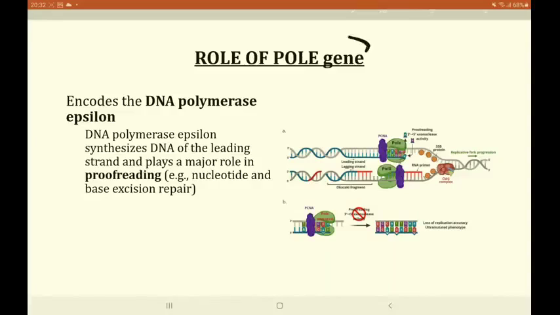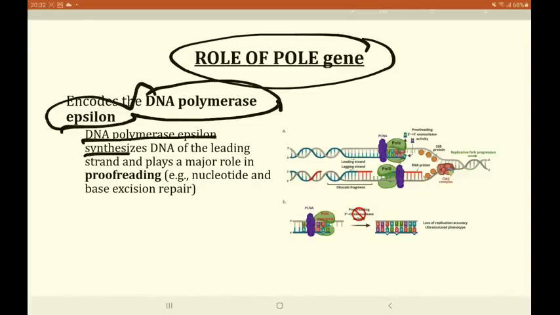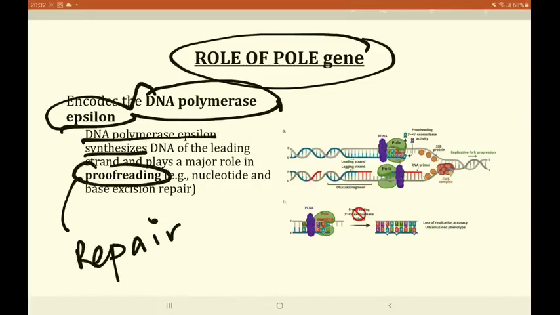The role of the POLE gene is to produce DNA polymerase epsilon. The function of DNA polymerase epsilon is to synthesize DNA of the leading strand, and it also helps in proofreading, that is, repair of DNA.